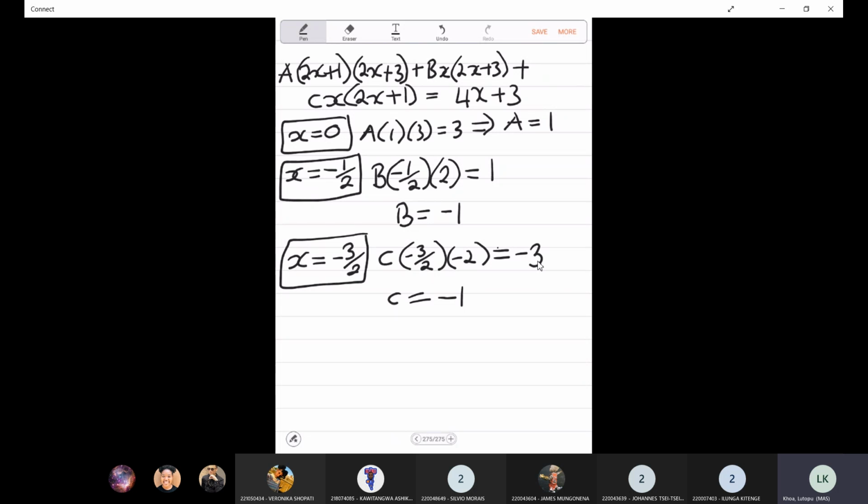Okay, so we have our a, b, and c just substituted into the integral.